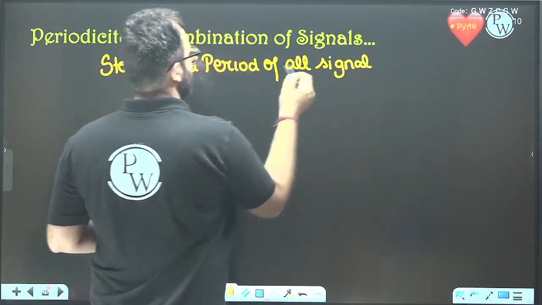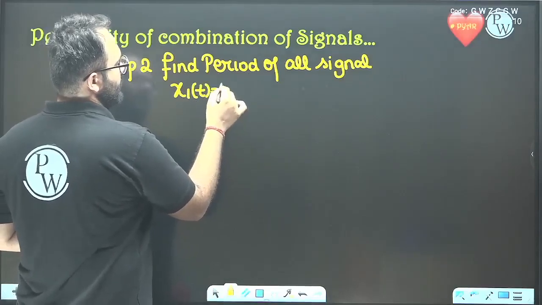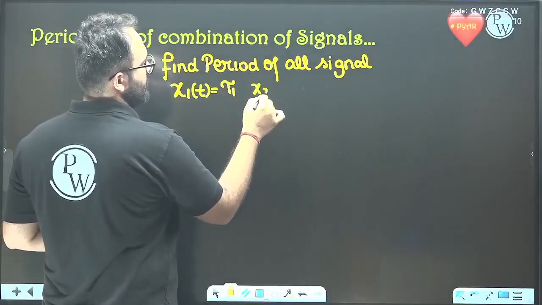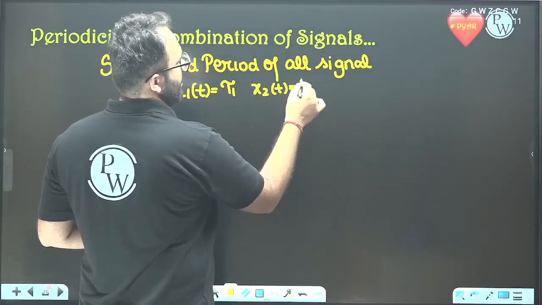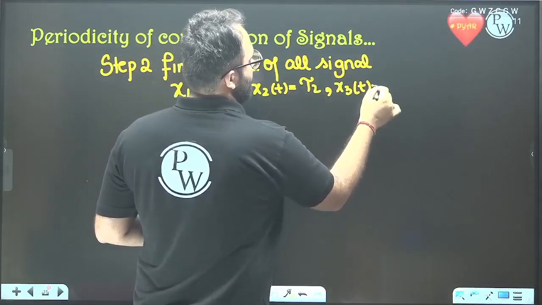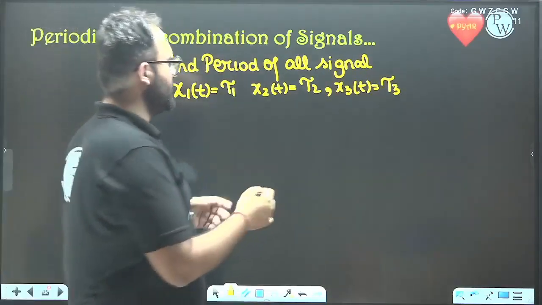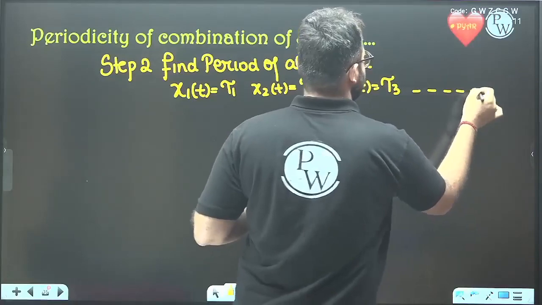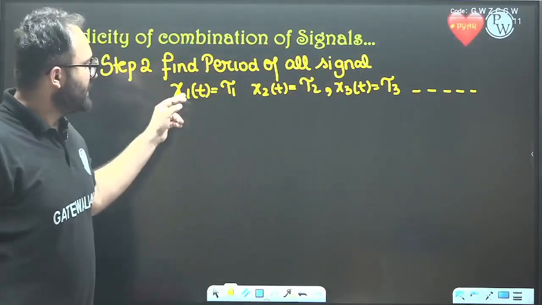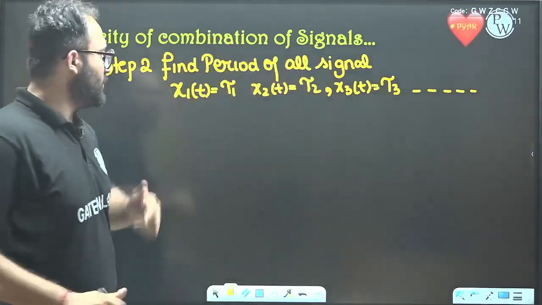So let the period of x1(t) be T1, x2(t) be T2, x3(t) be T3, and so on. We are just taking numbers: x1(t) has a period T1, x2(t) has a period T2, x3(t) has a period T3, and so on.